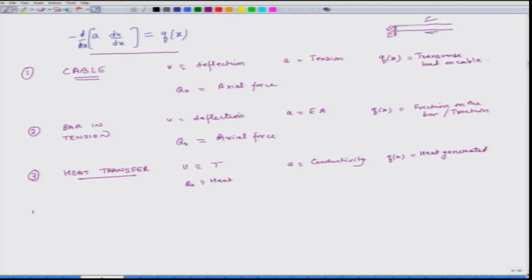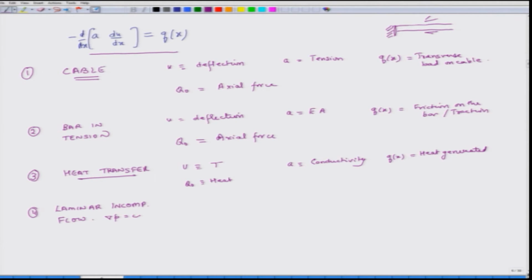Another example: this equation also works for one dimensional laminar incompressible flow in a channel where gradient of P is equal to constant.